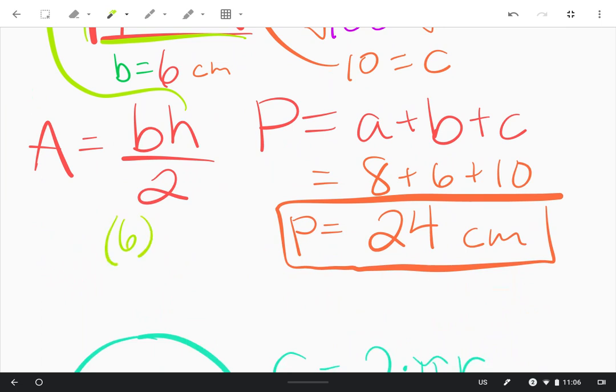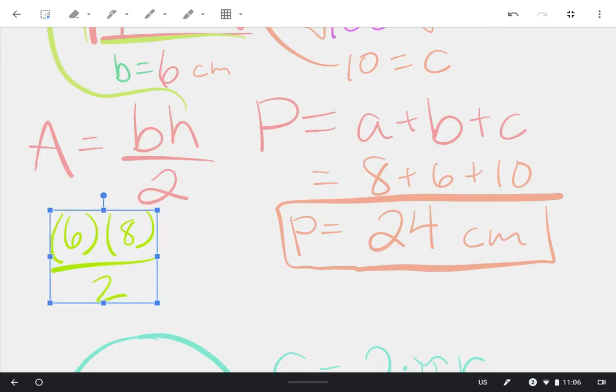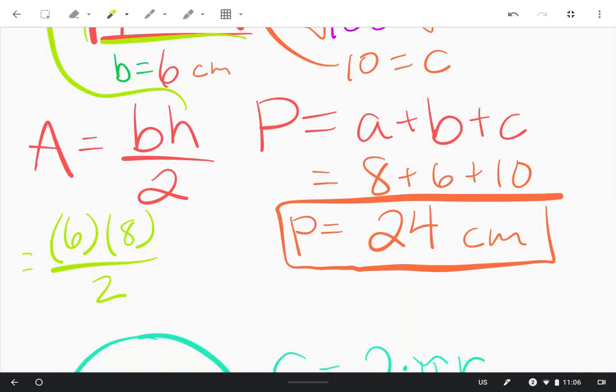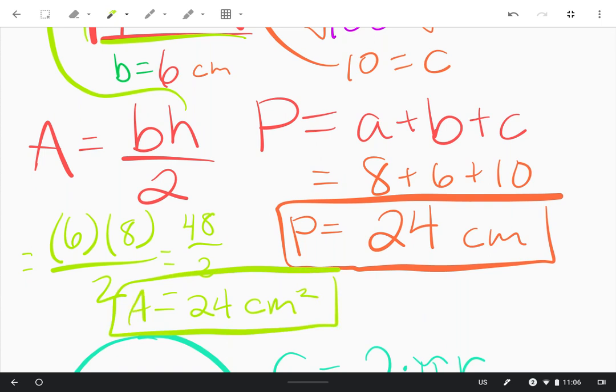So the area equals base times height divided by 2. 6 times 8 is 48, divided by 2 is 24 centimeters squared.